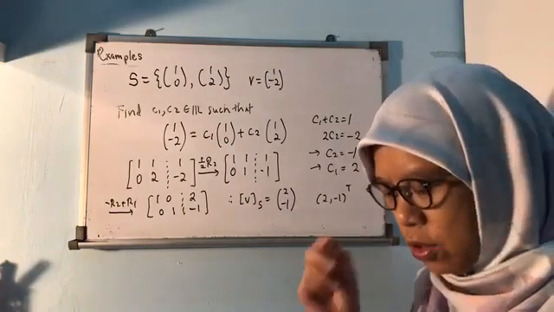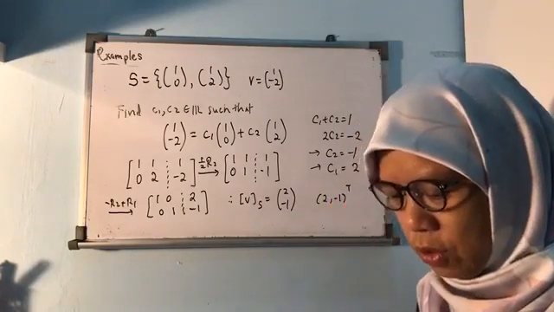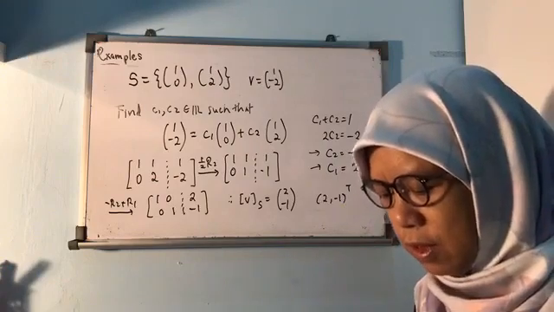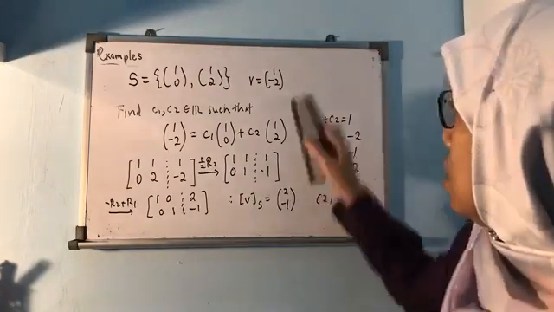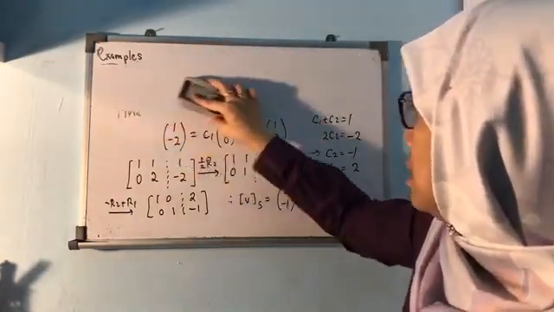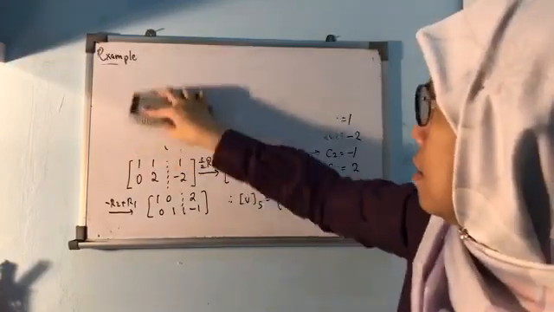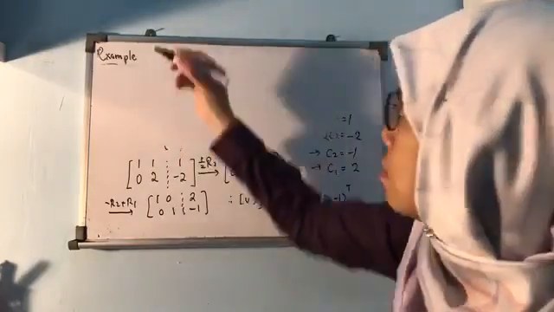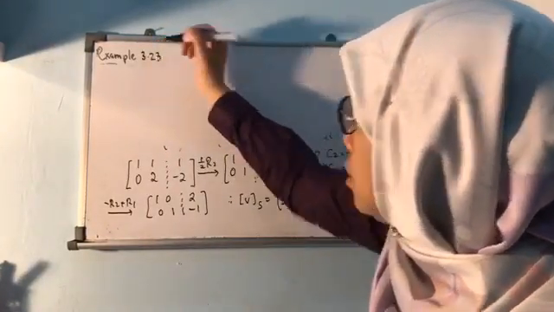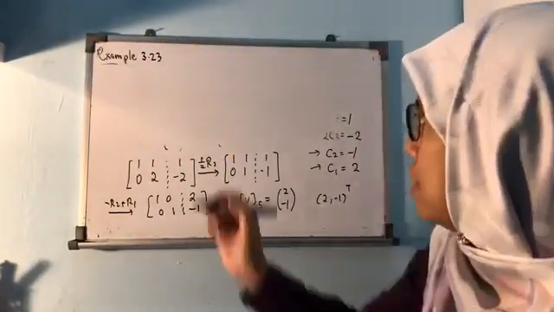Example 3.23. You're given a basis, so you will be given a basis. Now, that example is a little bit different. You are given the coordinate vector.